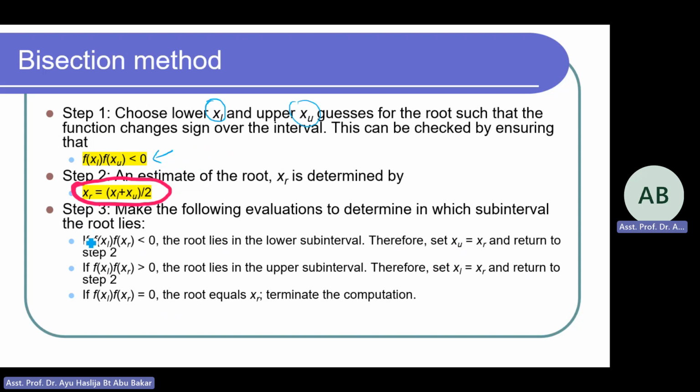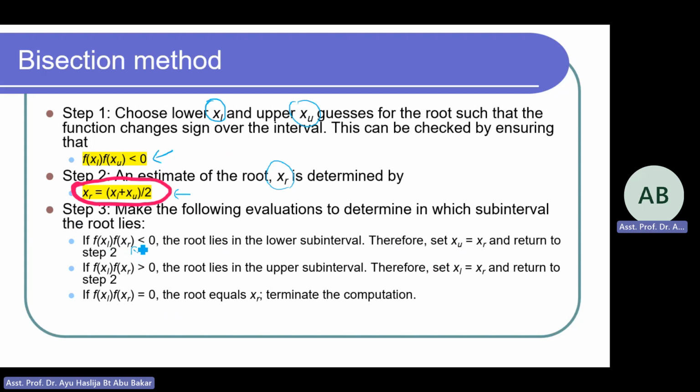Then step 2, you must estimate the root, the XR, by using this equation. We have the value of XL and XU in order to find the XR value, approaching the XR value. I explain first, later we do exercise so that you can understand further. Now, after you calculate the XR, you then need to check FXL multiply FXR. Okay, here is XR.